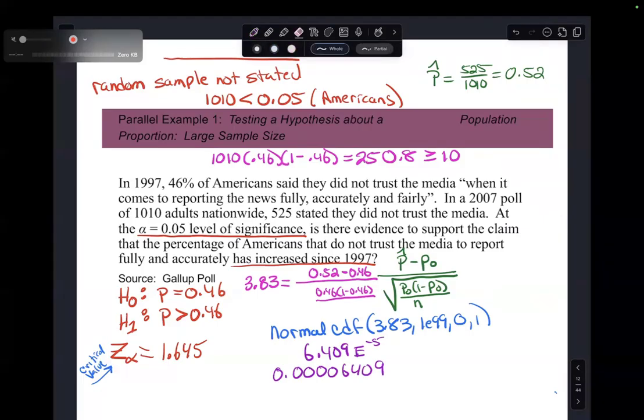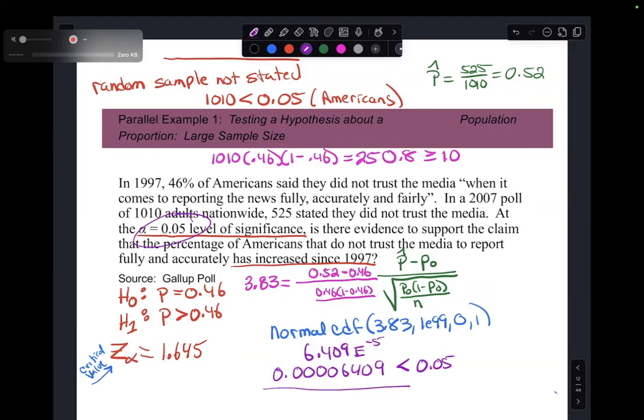So this right here, as I just erased it, this right here is less than my alpha, which is here. So this is less than 0.05. So you would be able to say, everything that I said before, except instead of comparing the critical value and the test statistic, I'm comparing the p-value to the alpha.